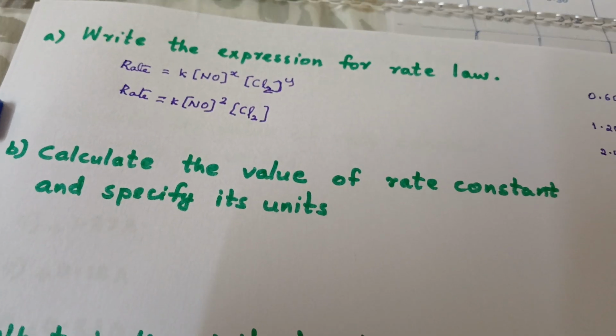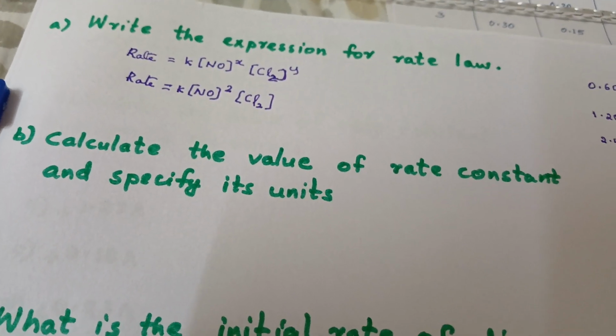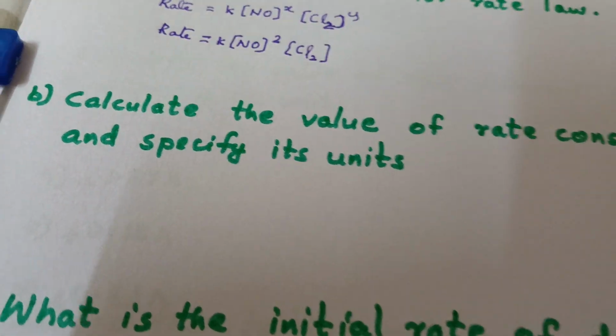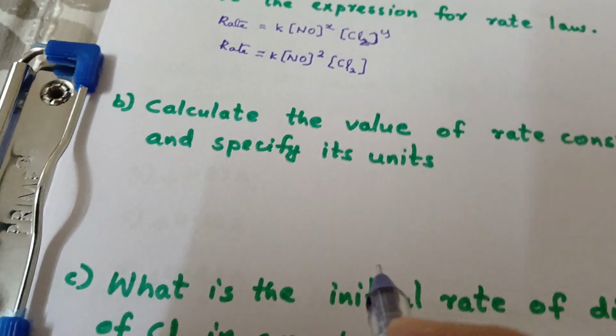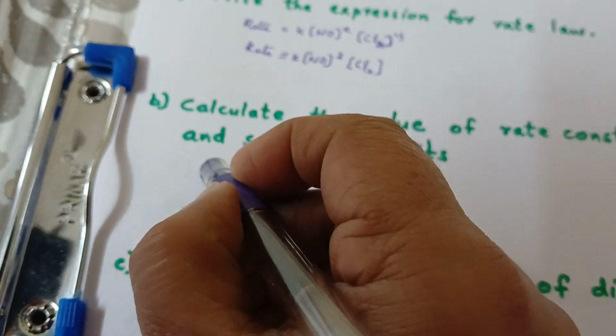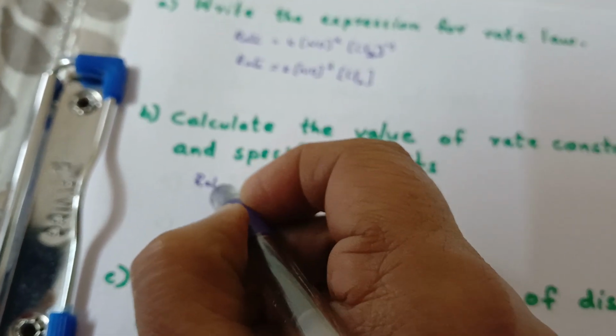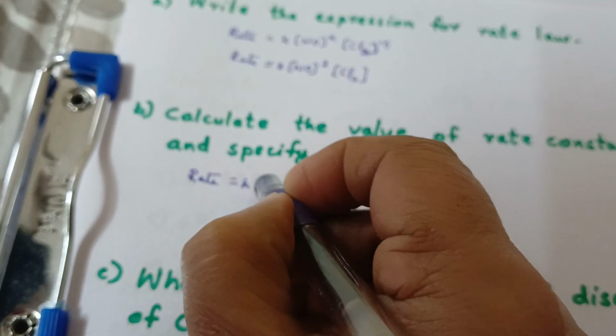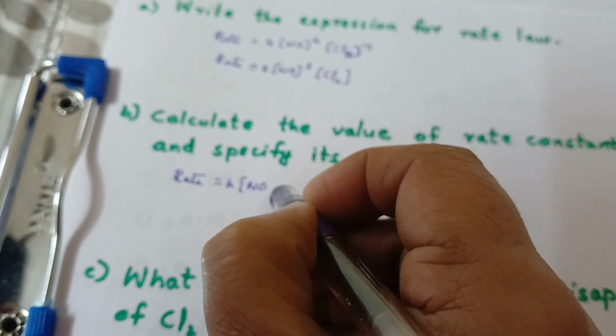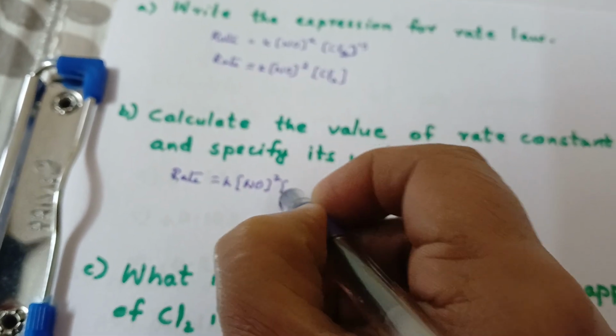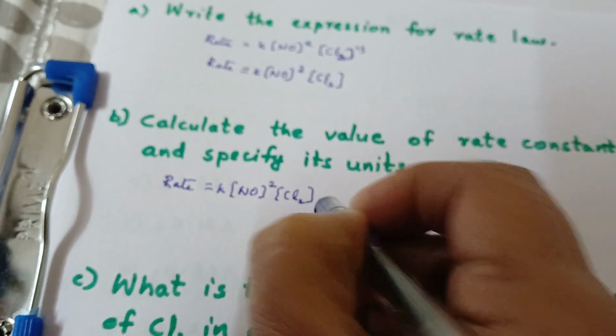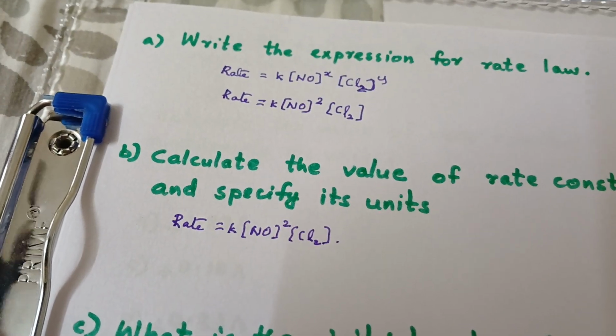Now calculate the value of rate constant and specify its units. We need to calculate the rate constant. So we know rate equals K into concentration of NO raised to 2 and concentration of Cl2. This is the rate equation.